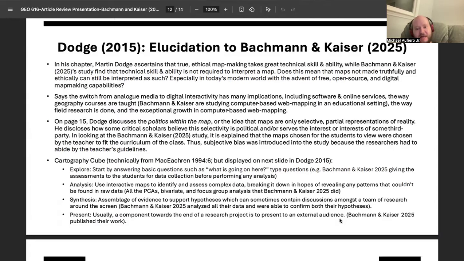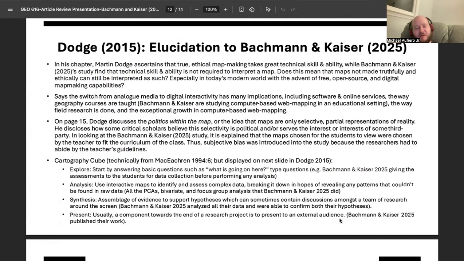And for Bachmann and Kaiser, that was giving the assessments to the students for data collection before performing any analysis. And also doing their own research of the previous literature and asking questions about web-based mapping, which is probably what I should have put there.